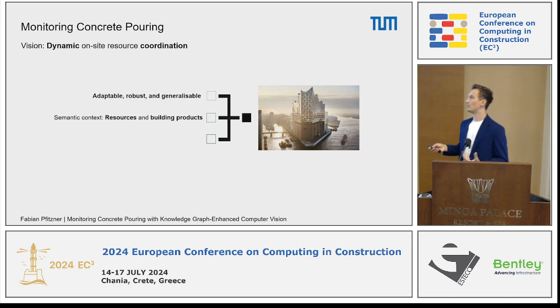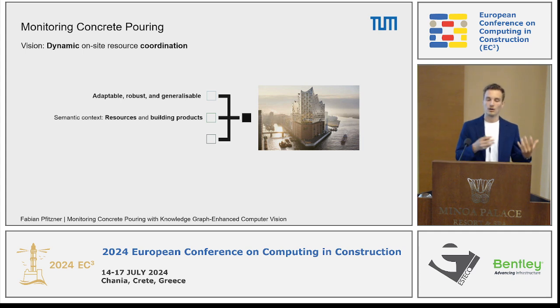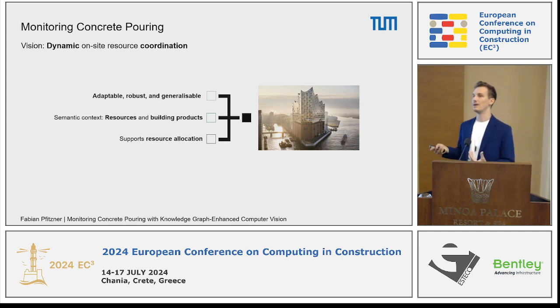Then we need to provide semantic context, right? We need to understand which kind of resources are involved in certain on-site processes, but also understand the building products, what kind of building products we were focusing on. And finally, we need to support resource allocation. We need to support construction managers by having a flexible method so that they are able to react to all different kinds of circumstances.